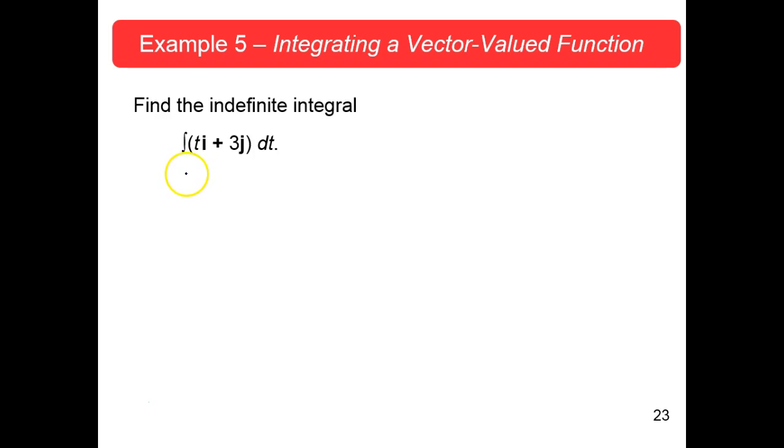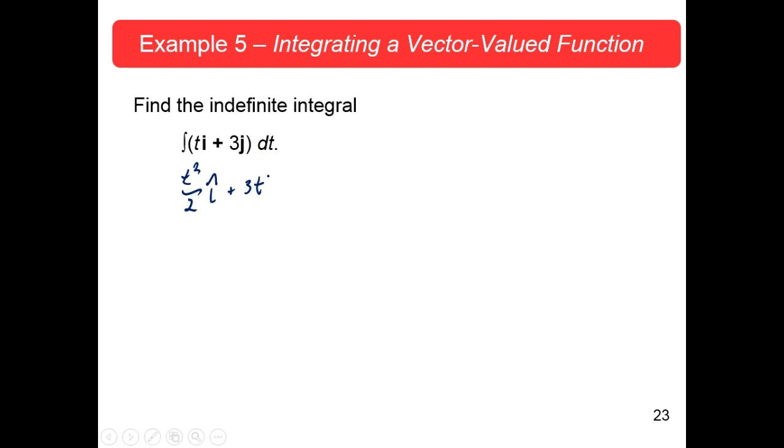That would be t squared over 2 i, perfect, plus 3t.